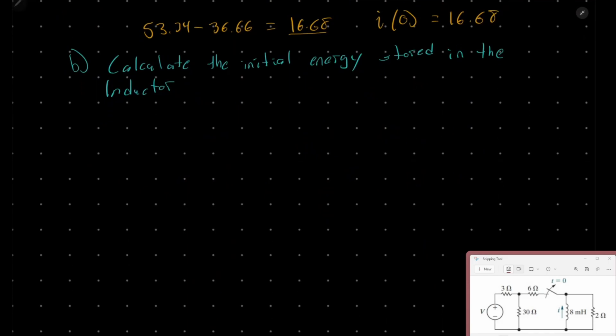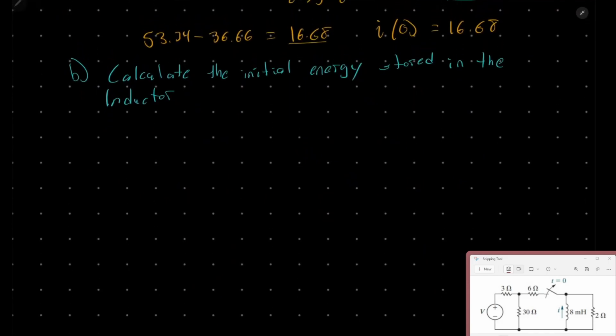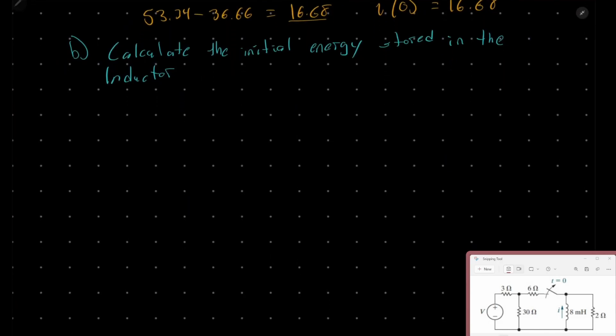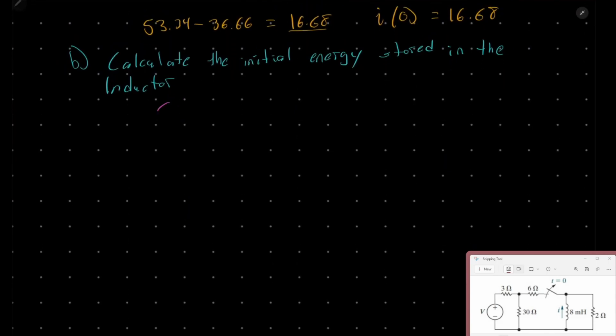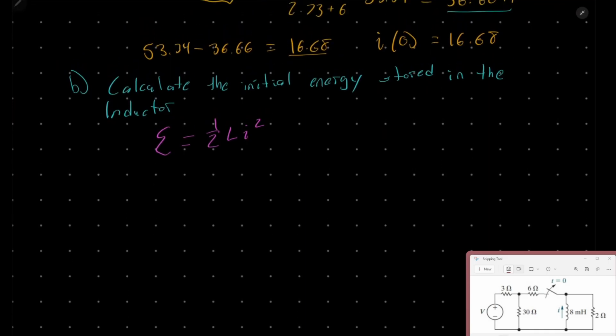Okay, now we are going to calculate the initial energy stored in the inductor. To do this, we're going to use the energy formula. The energy formula for an inductor is 1/2 L i squared. And we are just going to simply plug in our values.